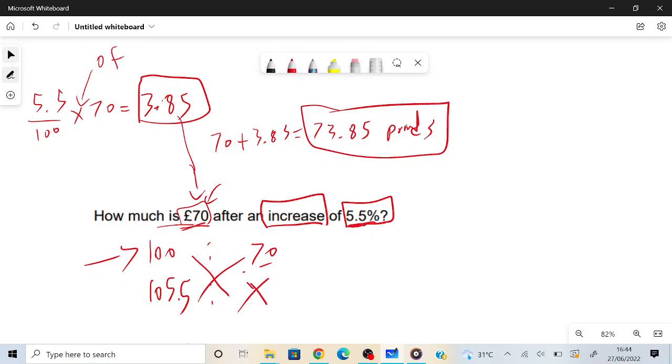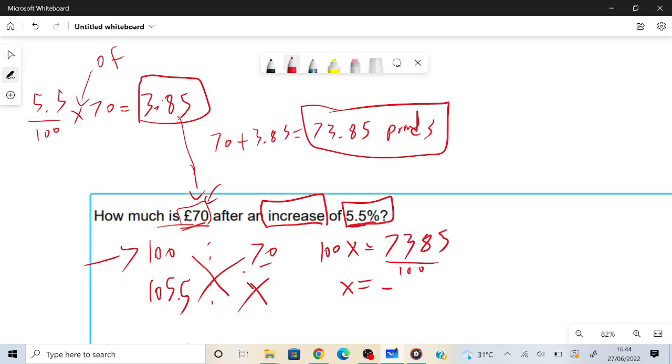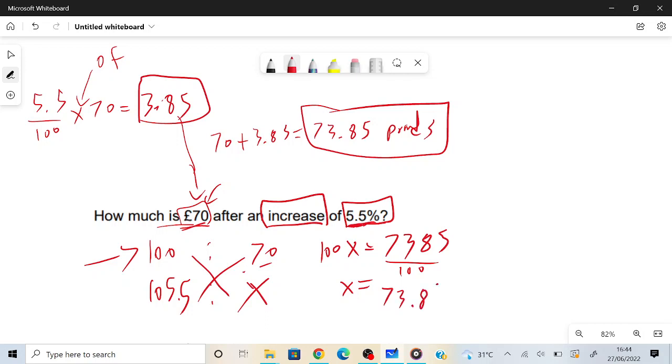So I would now have 100x equals 70 times 105.5. Doing that in your calculator, you should get 7385. And now you just solve for x. x is 7385 divided by 100, and that is 73.85 pounds.